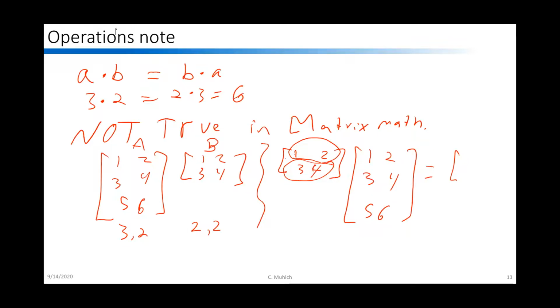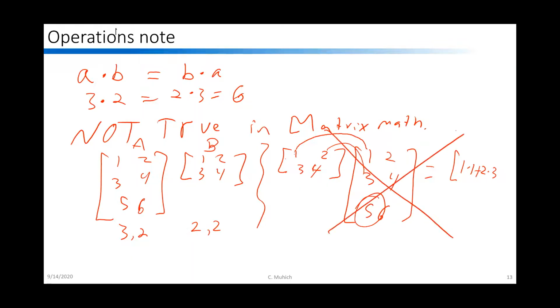Because I have 1 times 1 plus 2 times 3. But what do I do with that number 5? I don't have anything there, so I'm stuck, right? So this doesn't work.